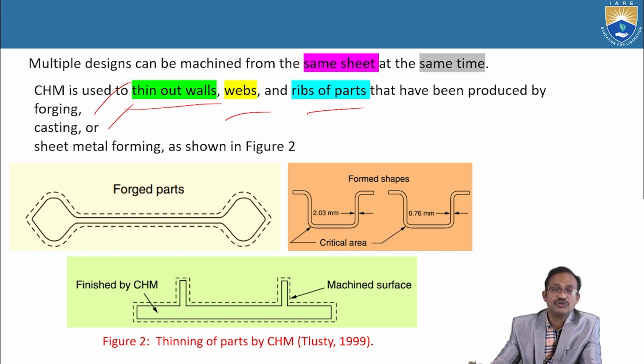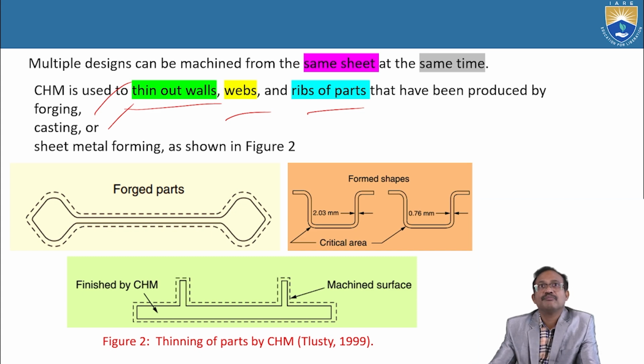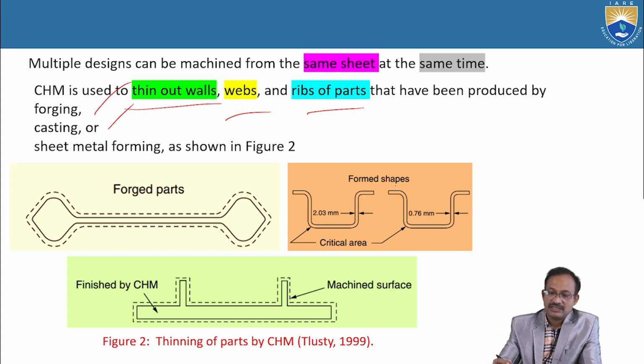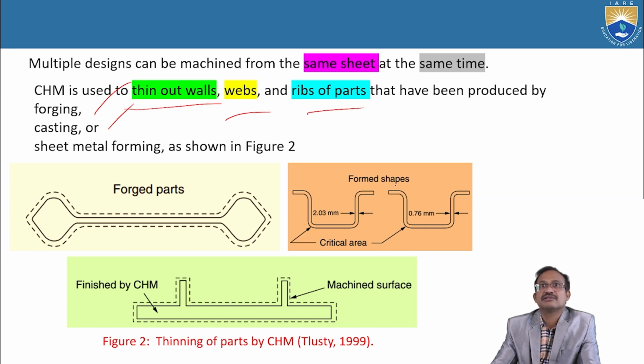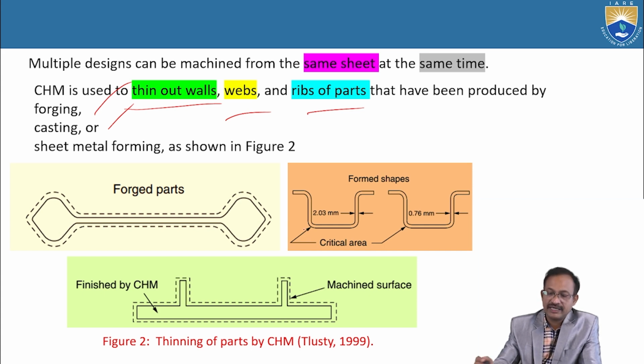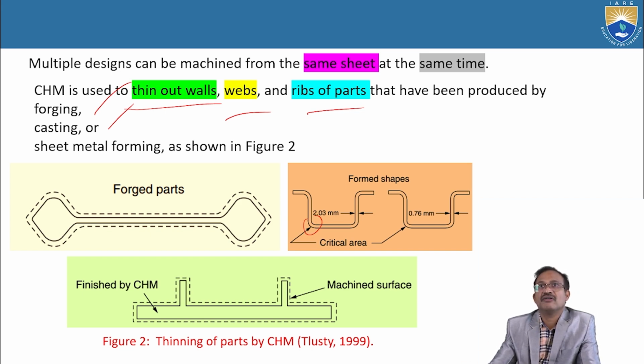Let us look at these forged parts. We can perform this by using the chemical process. See here, formed sheets. Here the critical area is where the abrupt change is at the deeper area of any cup shaped parts.